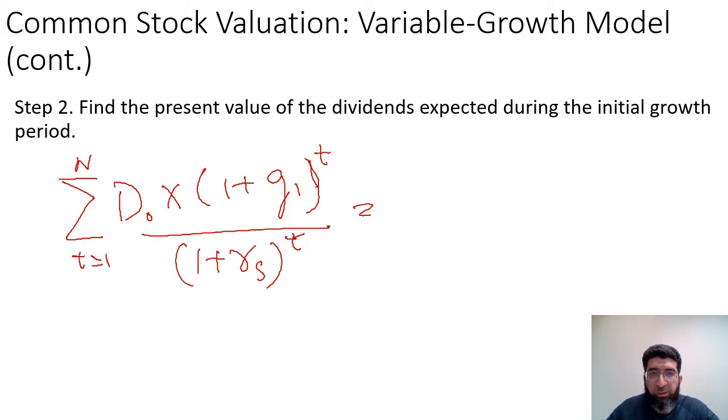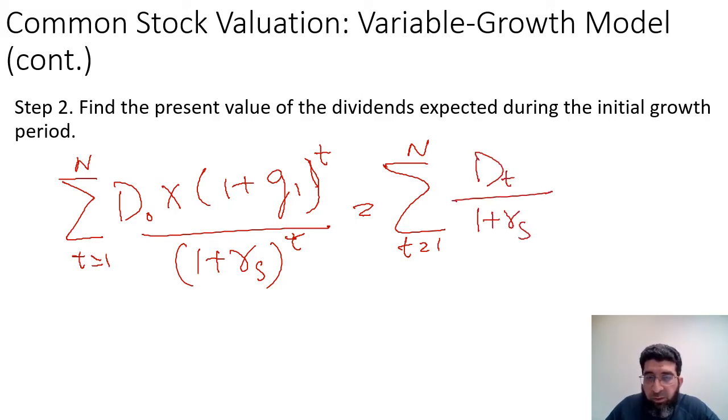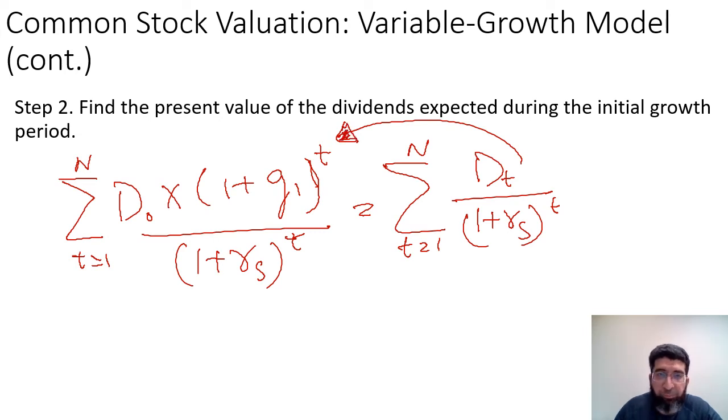This could be written in a form which we previously also wrote as a Gordon dividend discount model, but not based on the precise form: the summation from t equal to 1 to n of dividend Dt divided by (1 plus r) to the power t, because Dt was already generated in the last step from this piece of formula.